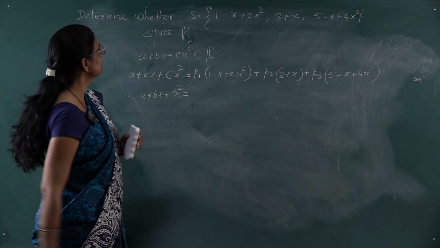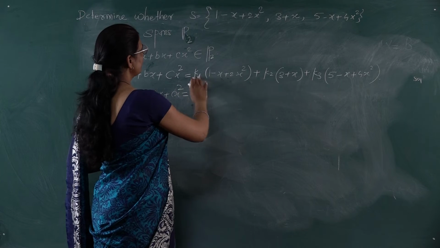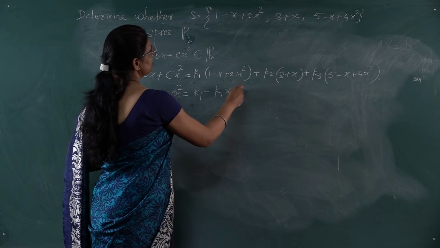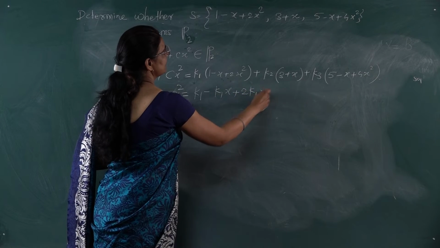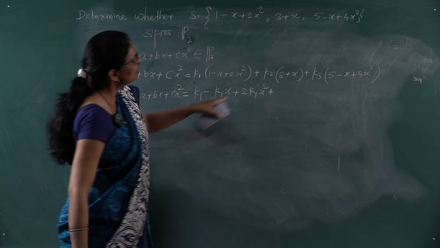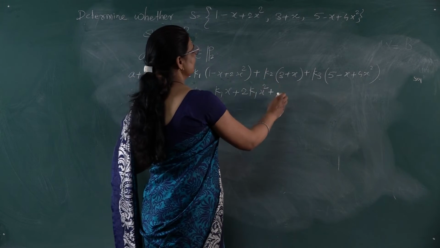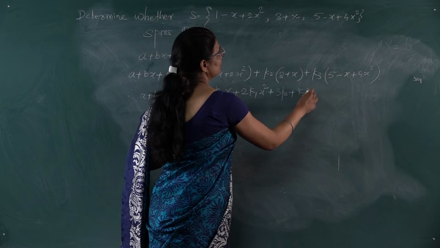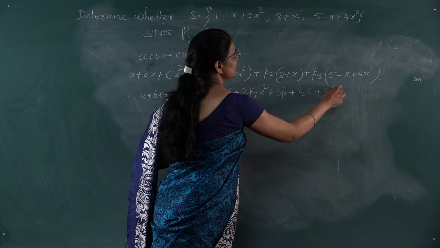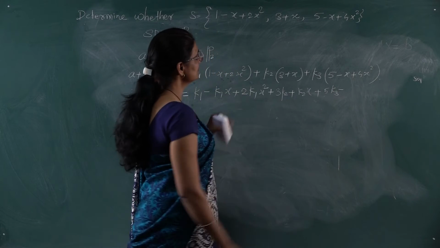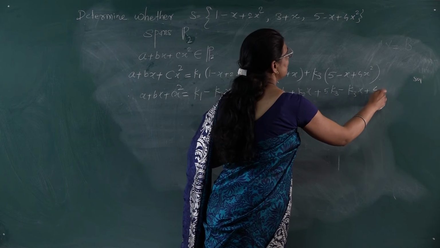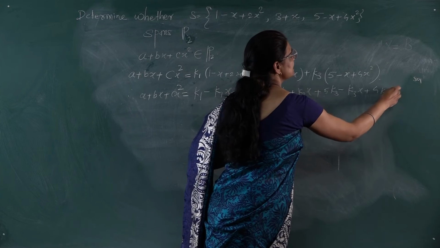Now solve this side. So I multiply this polynomial by k1, so it becomes k1 minus k1x plus 2k1x square. Similarly solve the remaining part: 3 times k2, k2 into x, plus 5 times k3 minus k3x plus 4 times k3x square.